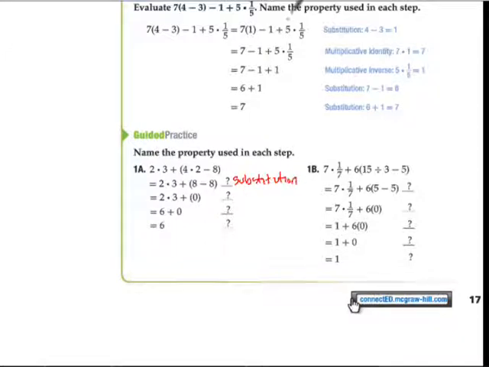Okay? And let's clean that up a little bit. That's prettier. So that's substitution. Okay? Down here, 8 minus 8 equals 0. That's the difference, is we've changed 8 minus 8 to now 0. That's the additive inverse.